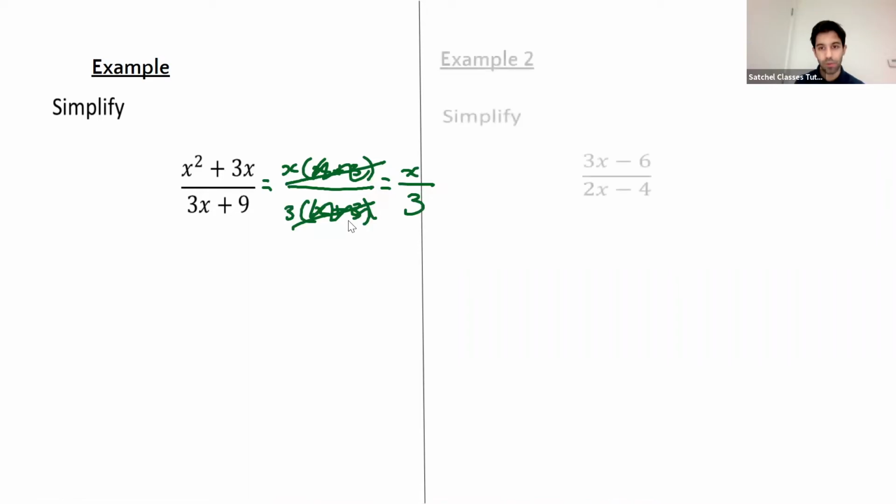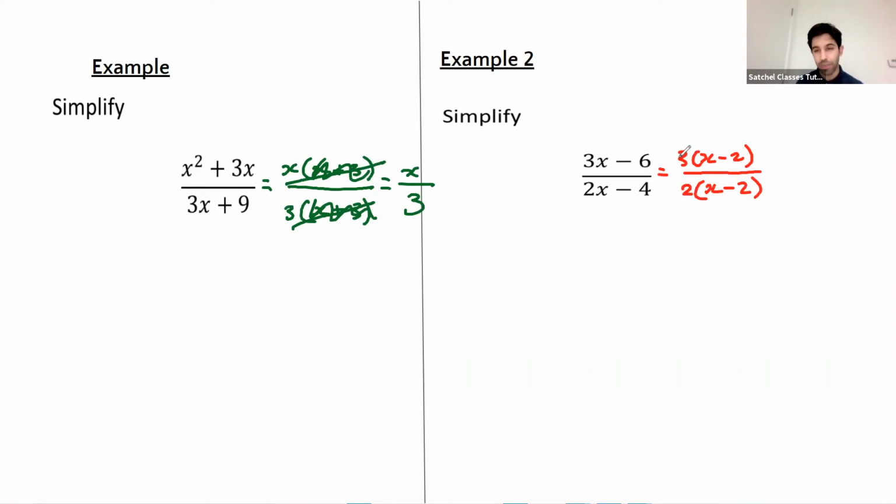Let's do one more example. Now again, I need to factorize, so I will have to factor out 3, and then I'll be left with x minus 2 on the inside. Over here, I will factor out 2 and x minus 2 on the inside. Just double check to see you factorize properly. So we have 3 times x is 3x, 3 times minus 2 is minus 6, and then we have 2 times x is 2x, 2 times minus 2 is minus 4.